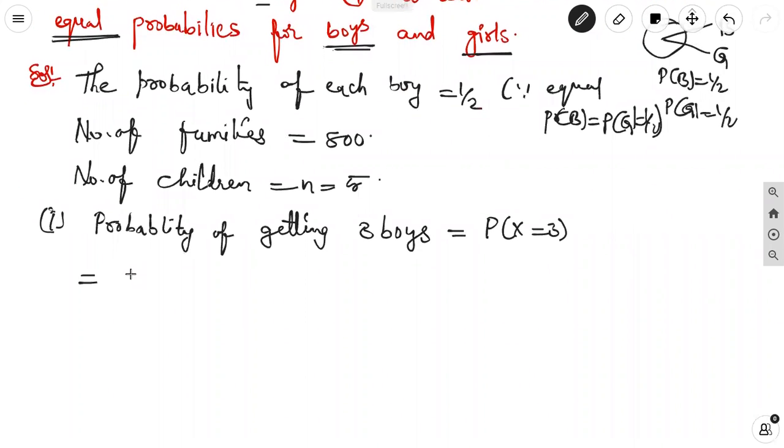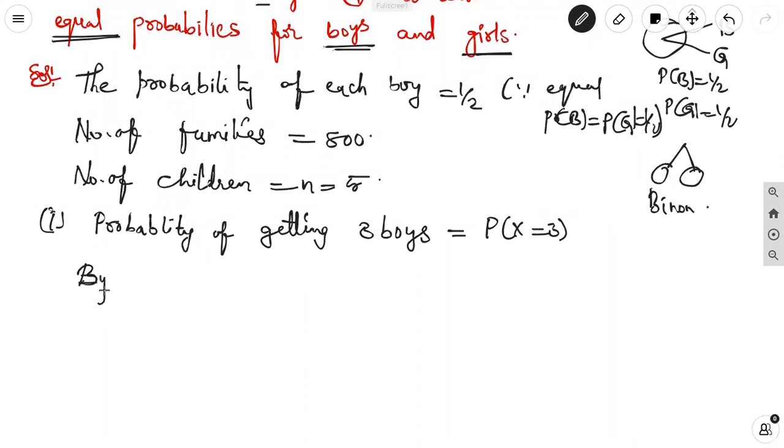It is equal to, by using the binomial theorem, why? Because it is divided into 2 cases, one is boy and girl. So when it is either success or failure case, we are going to apply the binomial distribution.